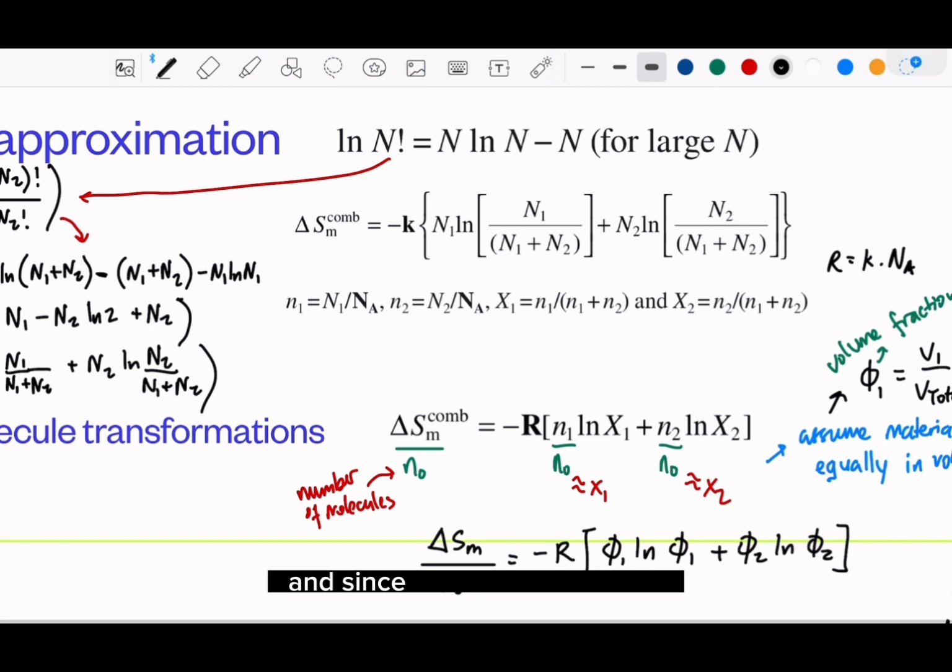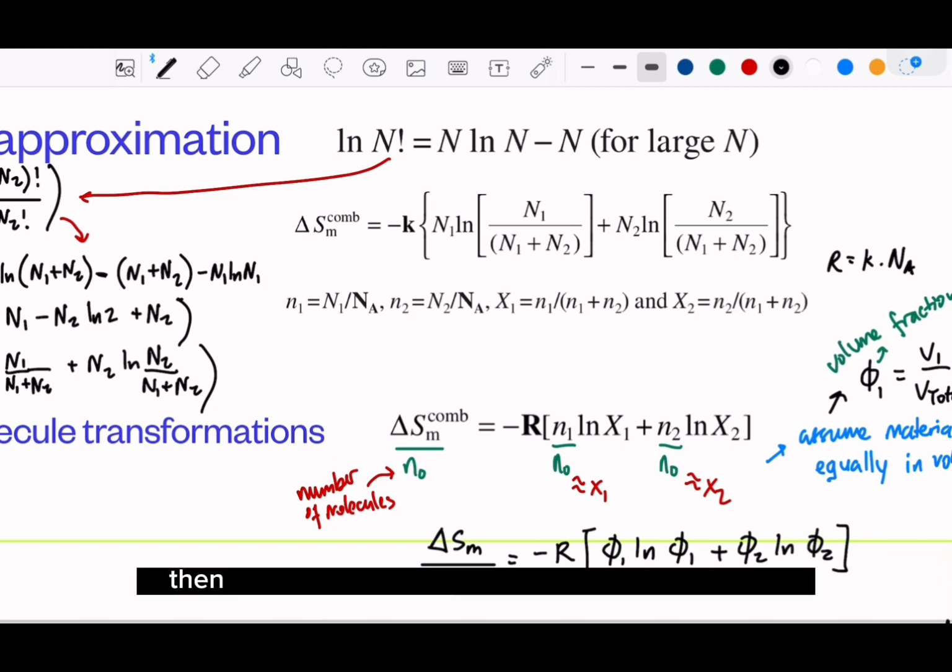And since the volume fractions, if the total volume is 1, then this will be a fraction, 0 point something, right? So ln of something less than 1 will be negative, right? So negative, negative, and negative. So it's always positive.